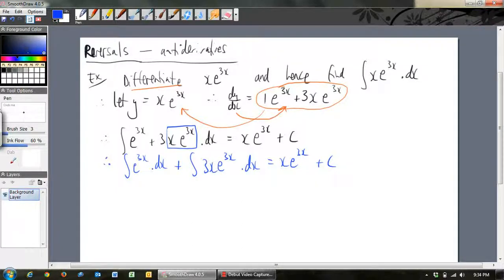Now we're just going to solve this equation, because what we want to know is this. Well, we want a third of that, but we want to solve for this. So we move everything over, and I'll bring the 3 out the front.